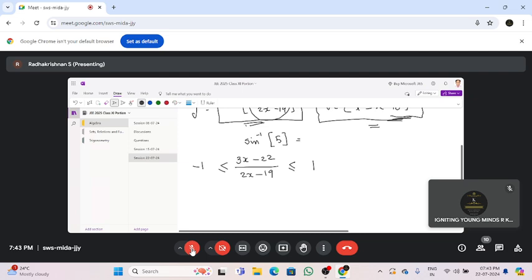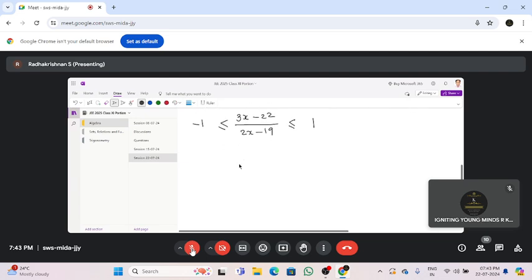So how do you solve this inequality? Let's just focus. (3x minus 22) by (2x minus 19) is between -1 and +1. Then what are the possible values for x?